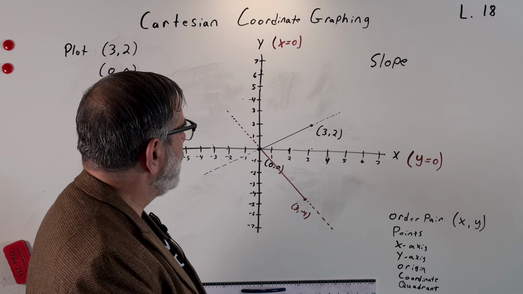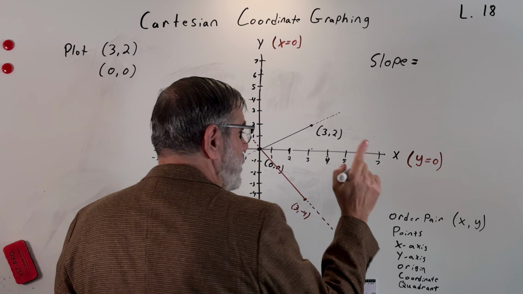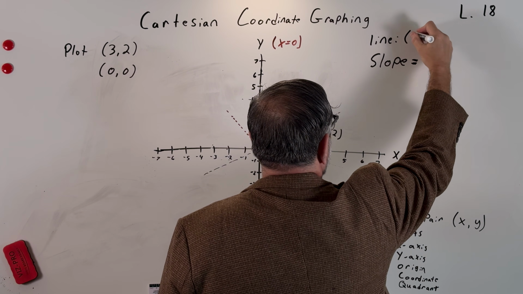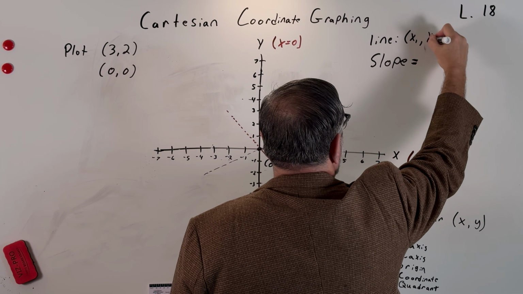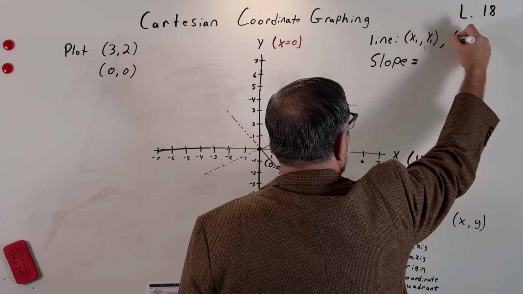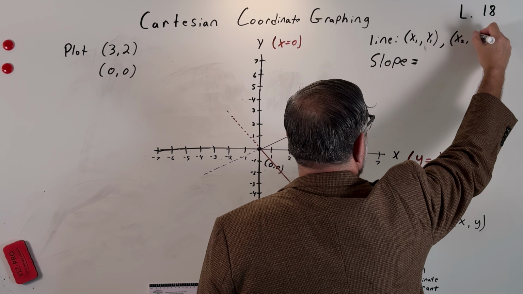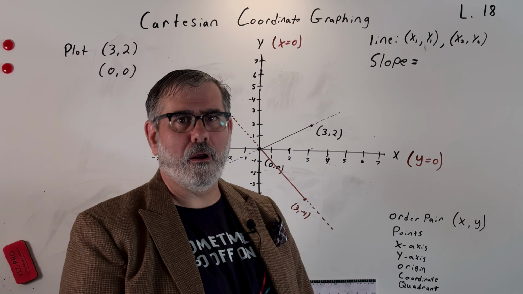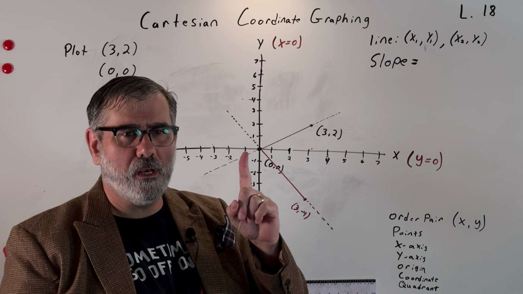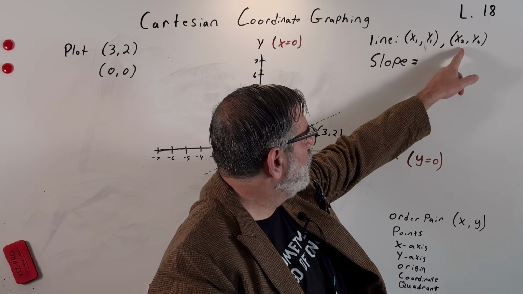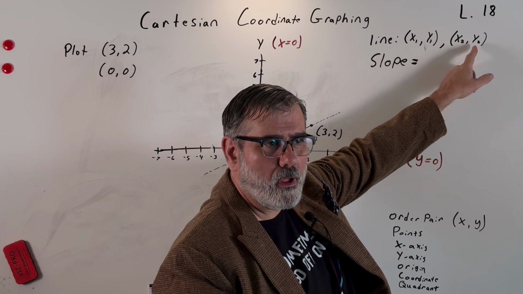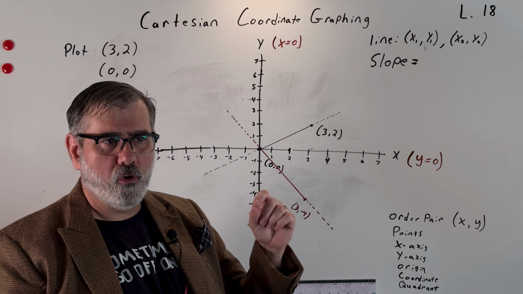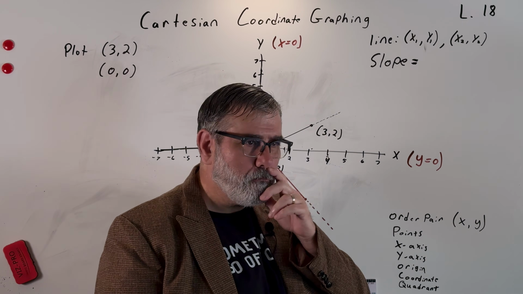And we define the slope of a line as follows. You need 2 points. So I'm going to write line. You need 2 points. We'll call it point x1, comma y1, and another point x2, comma y2. So the subscript 1 in the first ordered pair simply reflects the idea that that's point number 1. The subscript 2 in the x sub 2 and y sub 2 in the second ordered pair indicates that that is for the point we've labeled 2, or the second point.